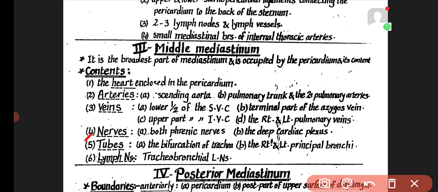What are the nerves? Both phrenic nerves and the deep cardiac plexus. Also the bifurcation of the trachea, the right and left principal bronchi, and the tracheobronchial lymph nodes.